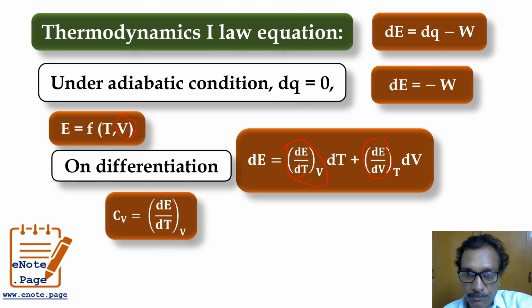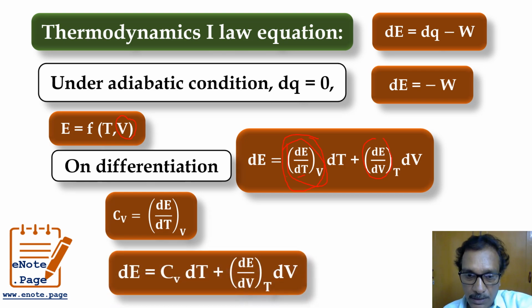We know that the first term, dou E by dou T at constant volume, is nothing but CV, the heat capacity at constant volume. Therefore this equation becomes dE is equal to CV dT plus dou E by dou V at constant temperature into dV.